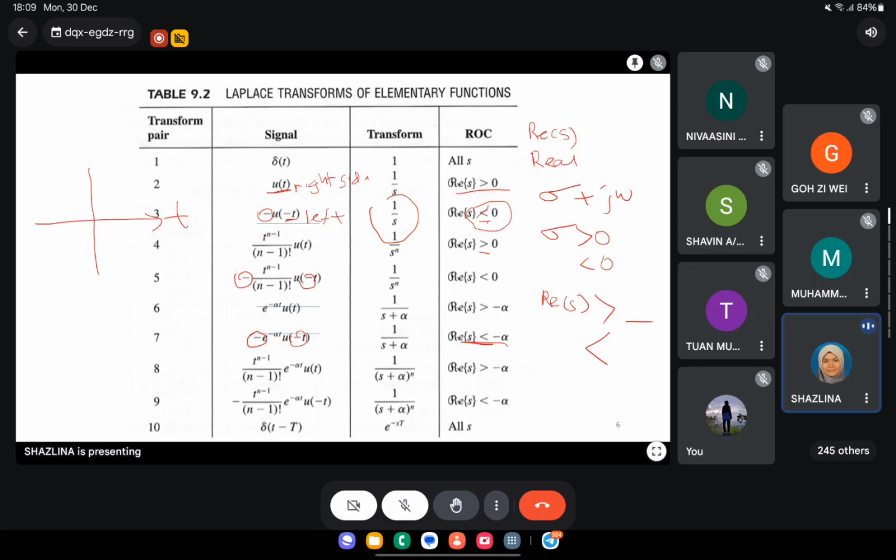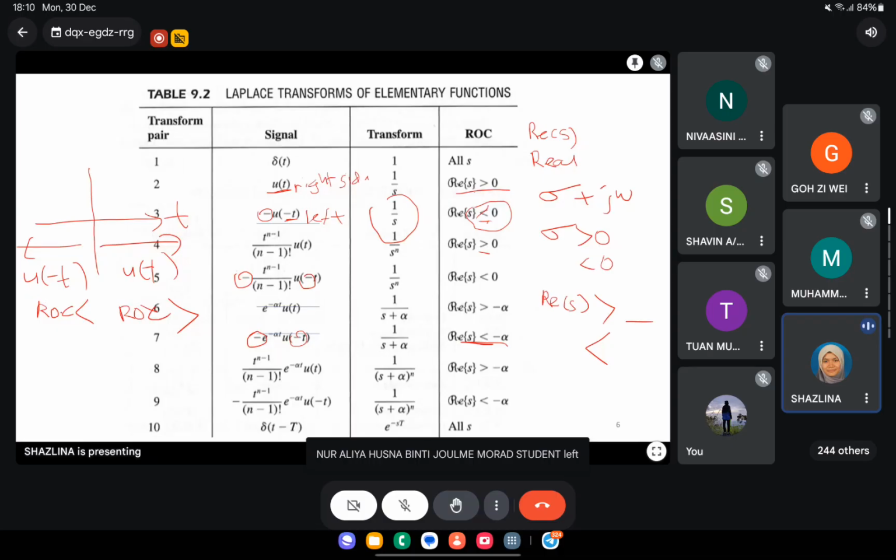So positive u(t) is the right-sided, and negative is the left-sided. So for this the ROC has to be bigger than the poles. We'll look at that later. For this one the ROC must be smaller. That is the main thing that you have to remember.